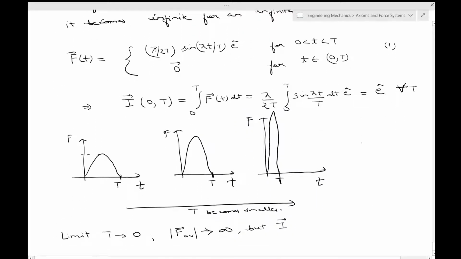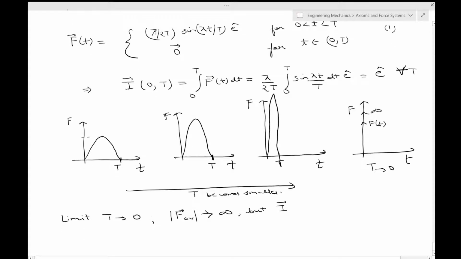So the impulse in this case, this is T, and this is the case for T tending to 0. Over here F of t would be like this and it would be infinity. So this graph which you see will keep on shrinking as T becomes smaller. So F average will be tending to infinity, but I of 0 to T still has a value. What is the value? 1E, because of this.